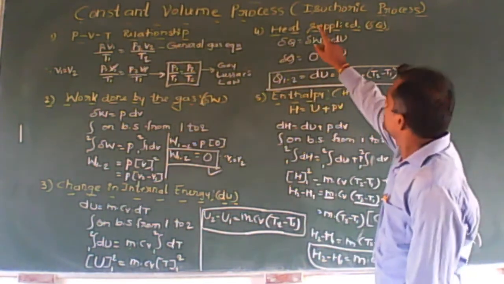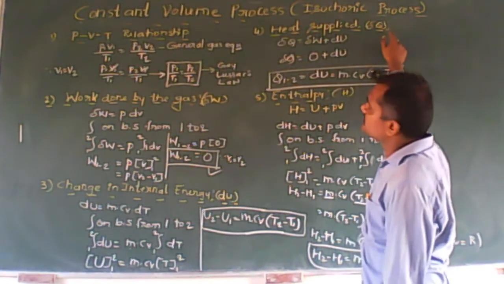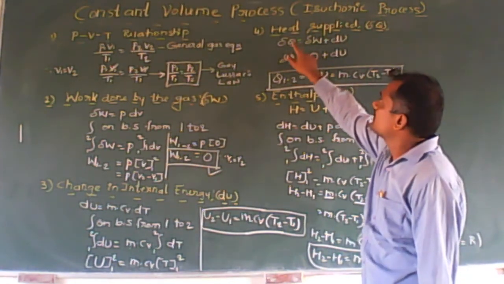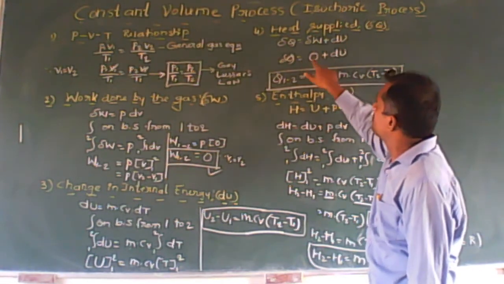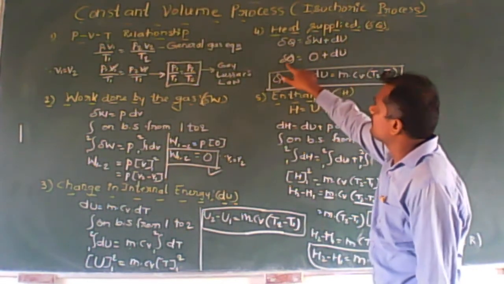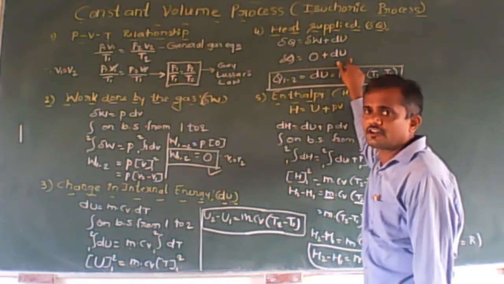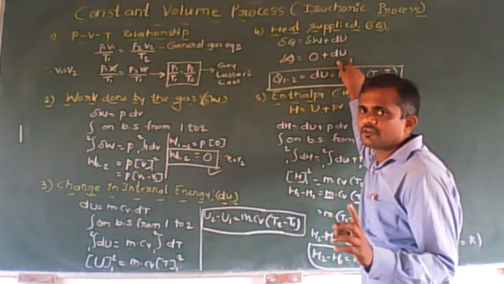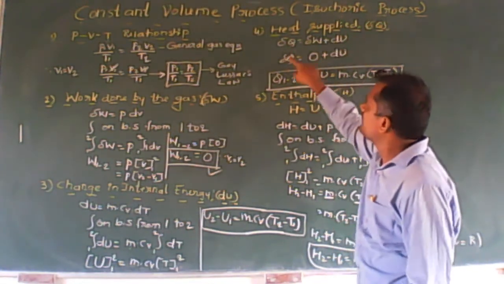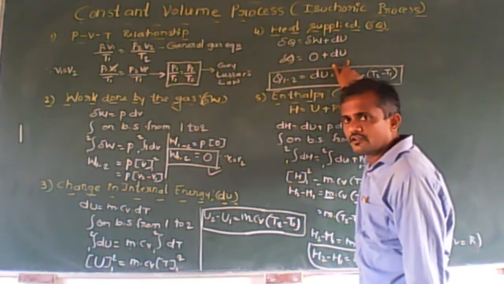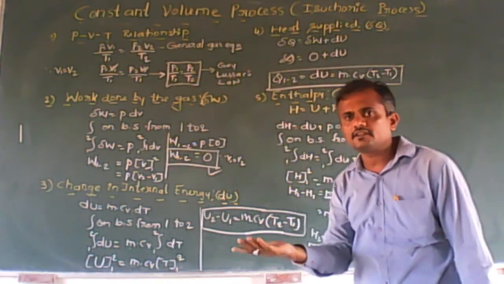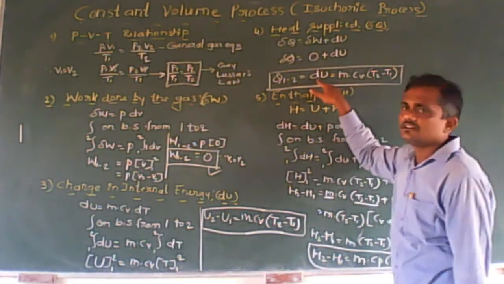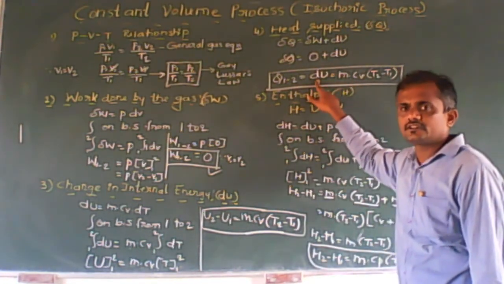And then the expression for heat supply. The general expression is delta Q is equal to delta W plus dU, where delta W is 0. So heat supplied is equal to change in internal energy. Always remember, for a constant volume process, heat supplied is equal to the change in internal energy. It means if the heat supplied is increased, definitely the internal energy also increases.